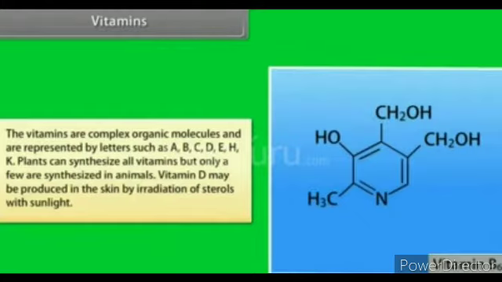The vitamins are complex organic molecules and are represented by letters such as vitamin A, vitamin B, vitamin C, like this, D, E, H, K. Plants can synthesize all vitamins, but only a few are synthesized in animals. Vitamin D may be produced in the skin by irradiation of sterols with sunlight.